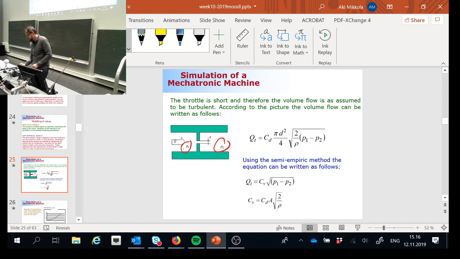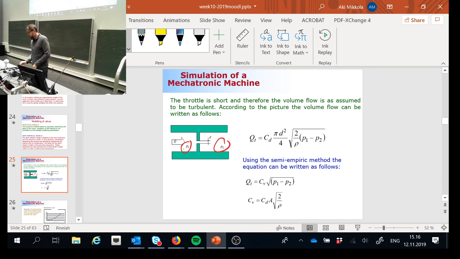We are assuming that the pressure difference over this component is significant, higher than, say, 4 bars, so the flow is turbulent. We are not assuming it to be laminar. That's typically the case if you have just a short drilling, like in this picture.